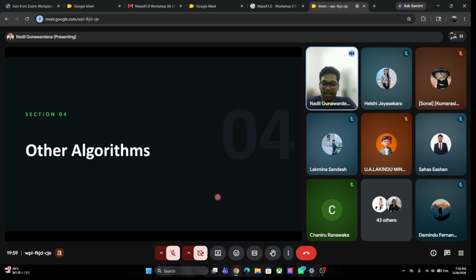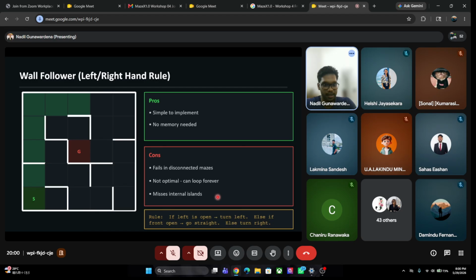And there is Dijkstra's algorithm and there is the A-Star algorithm. I'm just telling you there are algorithms like this, but this is no use. This algorithm can't be used to solve this maze.